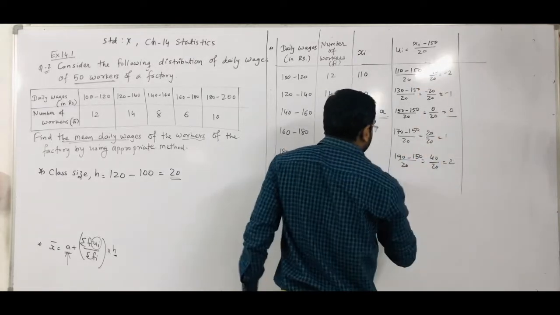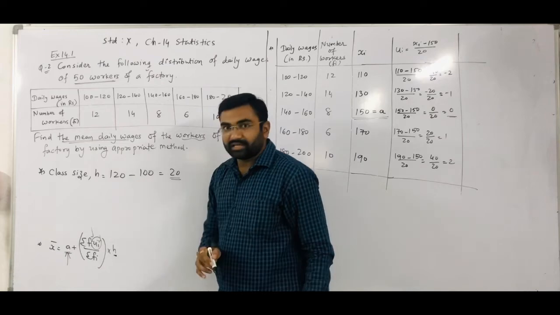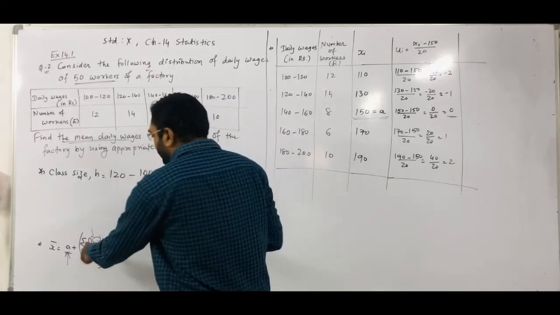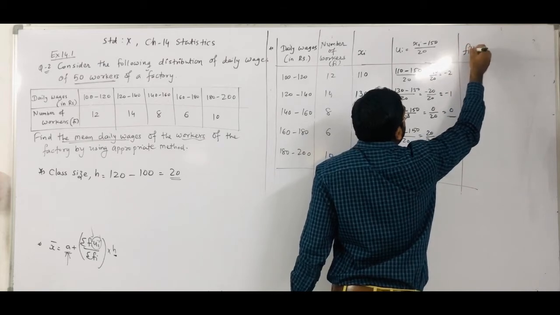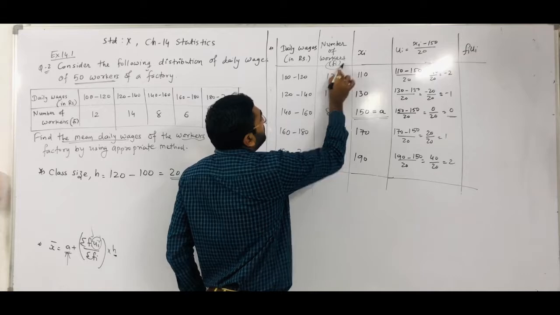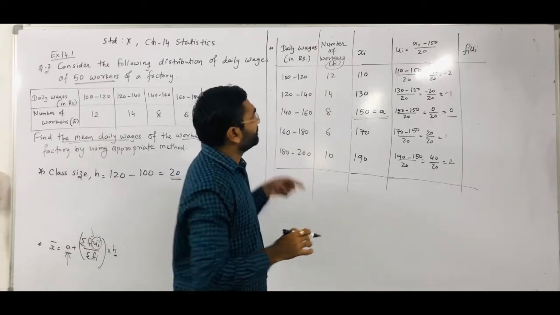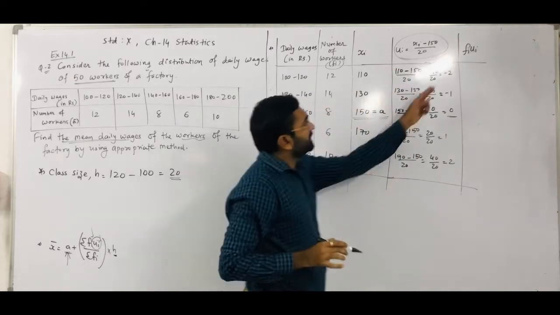Now here observe the equation. Here ui we require with multiplication with fi. Right? fi ui multiplication we require. So next column we have to make the fi ui multiplication. Now observe here the fi column is the second one, and this is our ui column. Its multiplication we require.